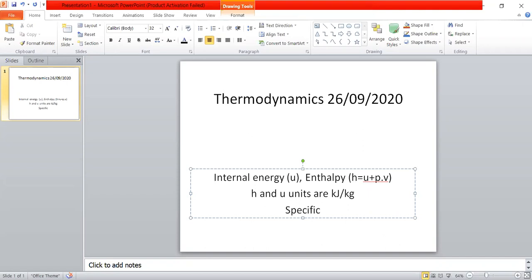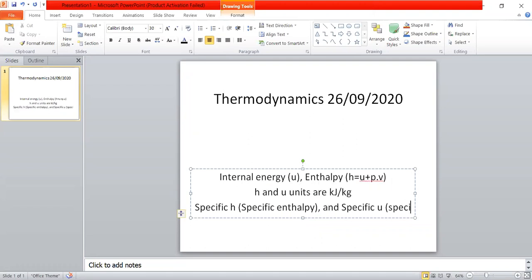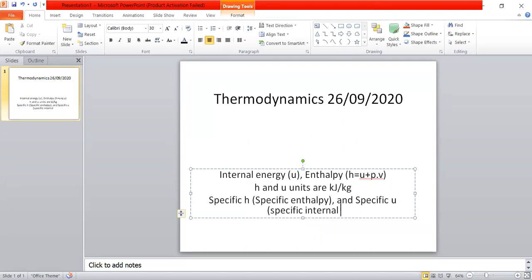So you have specific H and specific U. Specific H means we call it specific enthalpy, and specific U means we call it specific internal energy.